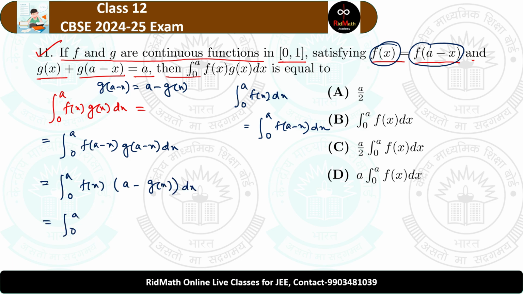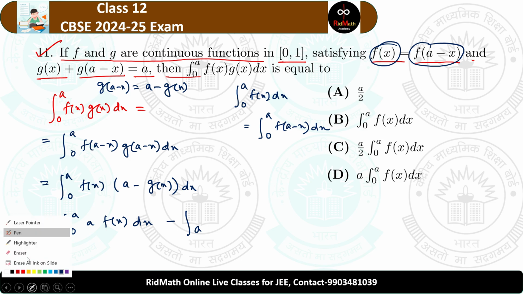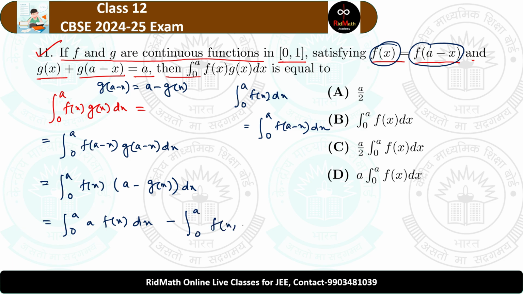So this is equal to integral 0 to a a f(x) dx minus integral 0 to a f(x) into g(x) dx. Again, this is the same thing, so 2 into integral 0 to a f(x) g(x) dx equals a, which is outside the integral, times integral f(x) dx.